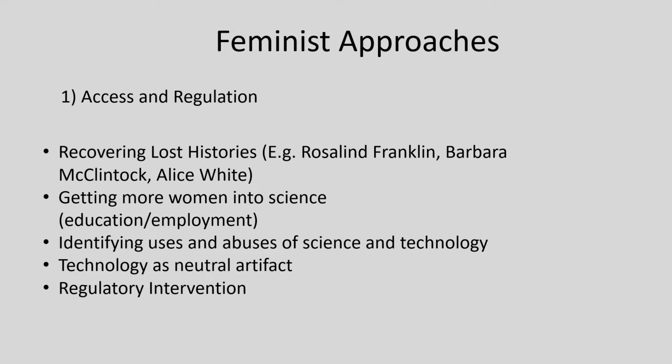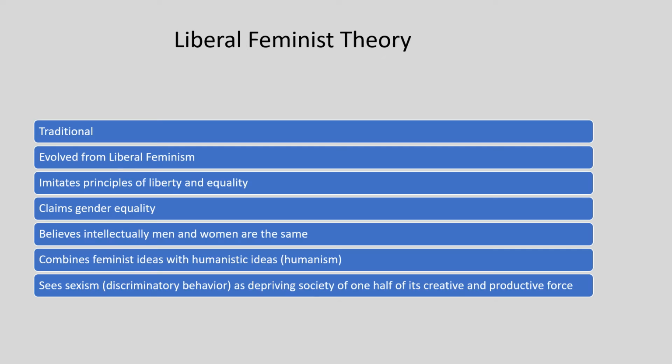But this is the liberal access approach, where the problem is the lack of avenues for women to pursue careers in science and to have design roles in technology. And once we overcome that problem, then the problem will cease to exist.